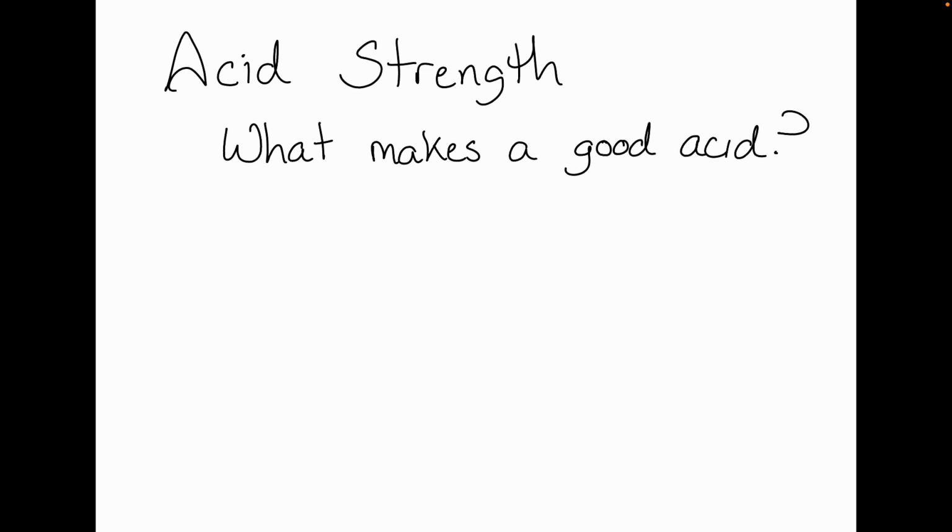It's good at donating protons because its conjugate base is super duper stable. Okay, so every strong acid has this feature where its conjugate base is a very, very stable molecule. That's how it's able to donate that proton, right? So what makes a good acid is a super stable conjugate base.